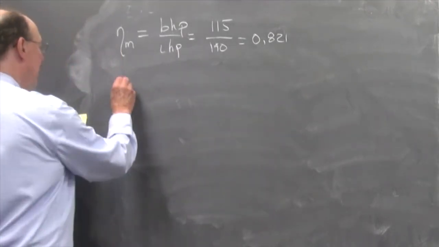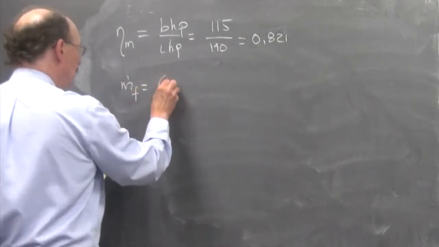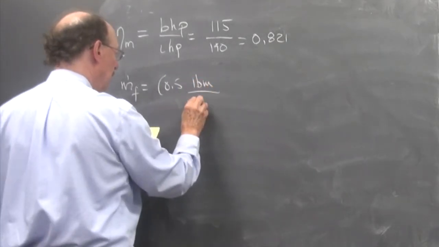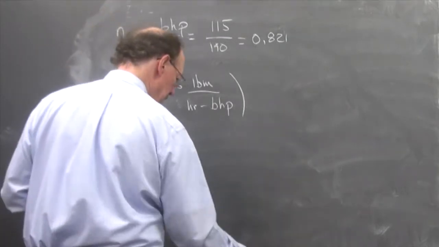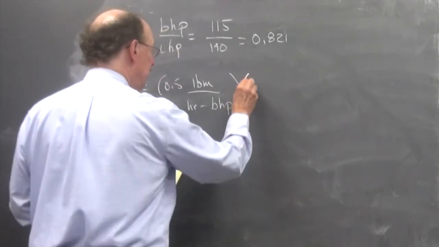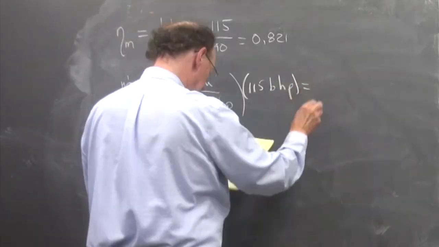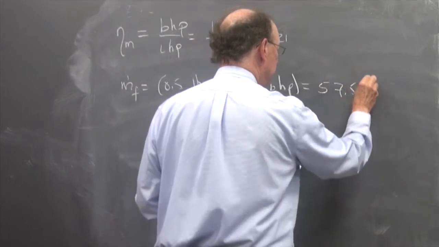The fuel flow rate, m dot f, is equal to 0.5 pounds mass per hour per brake horsepower times 115 brake horsepower, which is equal to 57.5 pounds mass per hour.